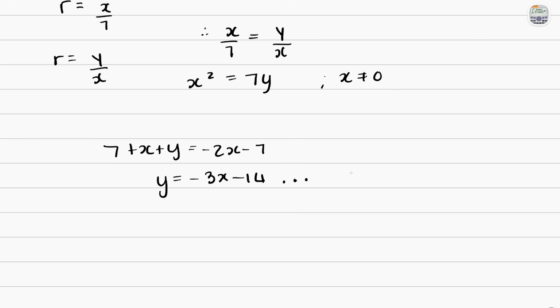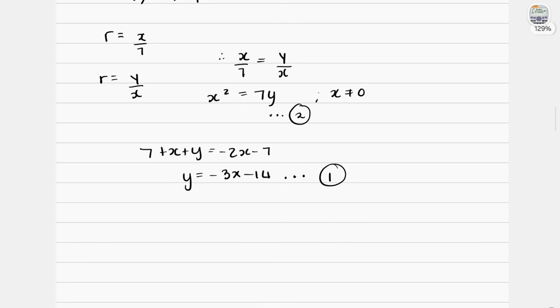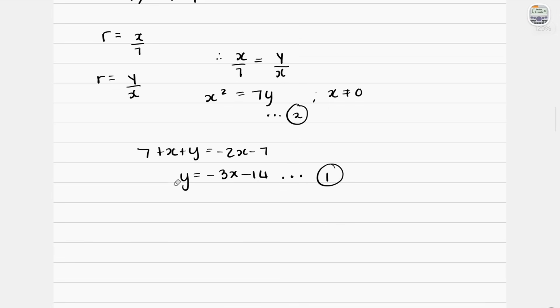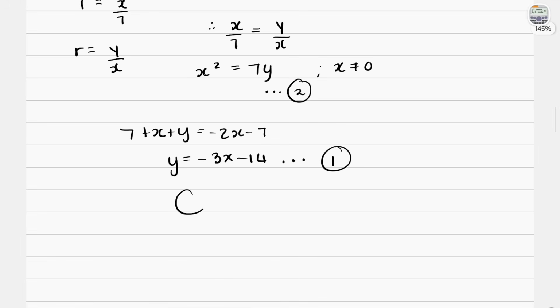So I'll go ahead and call this equation 1, and I'll call this one equation number 2. That way we can substitute wherever we see y. Here in this equation, we will substitute negative 3x minus 14. So substitute equation 1 into equation 2.